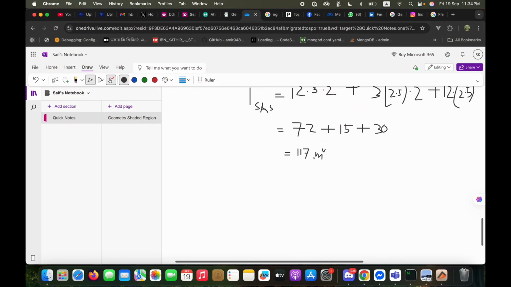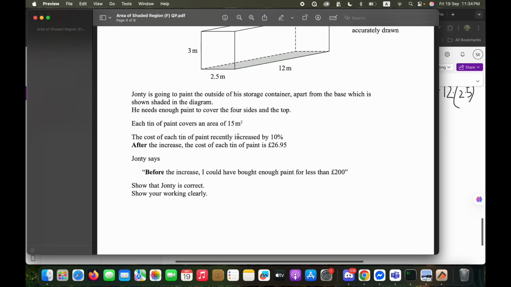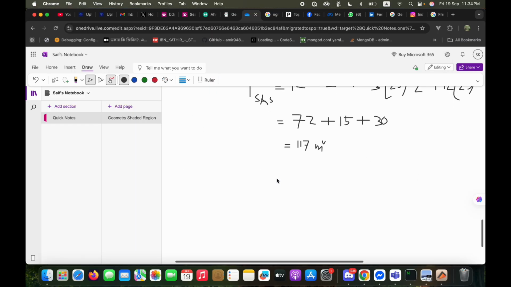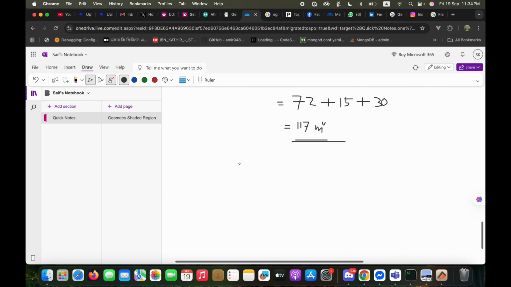Having figured out how much area John T has to cover, we can now focus on the costing. Each tin of paint covers 15 meters square. The total area is 117 meters square that John T has to cover, and the number of tins we have to figure out. Let's say n is how many tins John T requires.